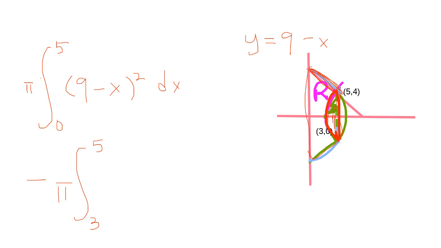Oh, we don't need to do that because we want r squared. We want y squared, right? So y squared is our r squared. It's just x squared minus 9. So here is x squared minus 9 dx.